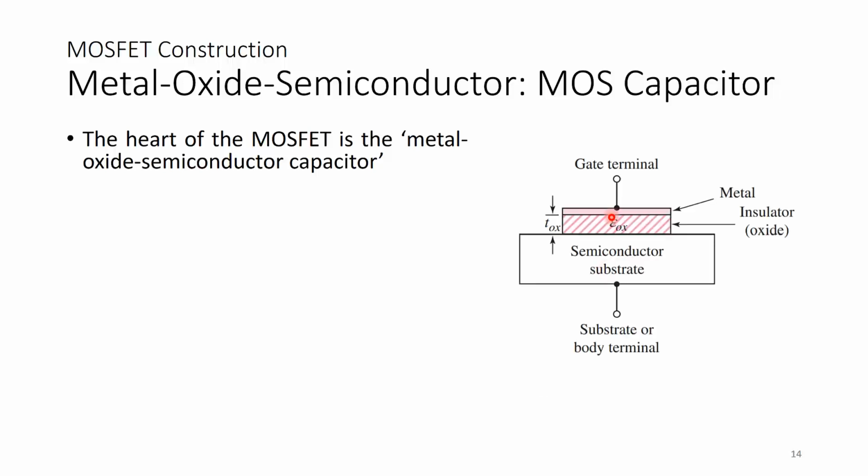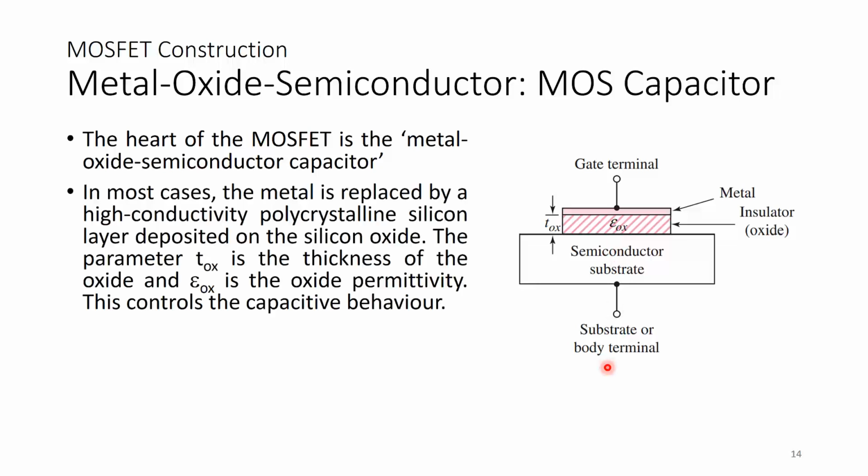In most cases, the metal is replaced by a high conductivity polycrystalline silicon layer deposited on silicon oxide. This is just extra information for you. The parameter Tox is the thickness of the oxide, and permittivity epsilon ox is the oxide permittivity. So this controls the capacitive behavior at this section.